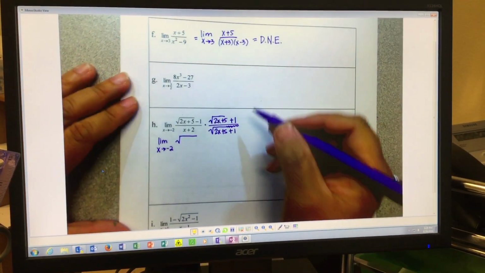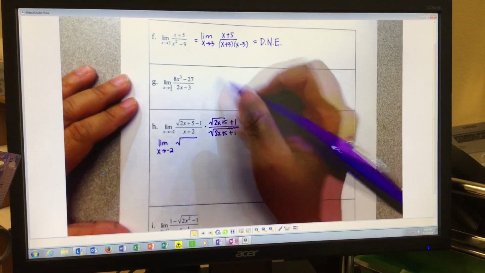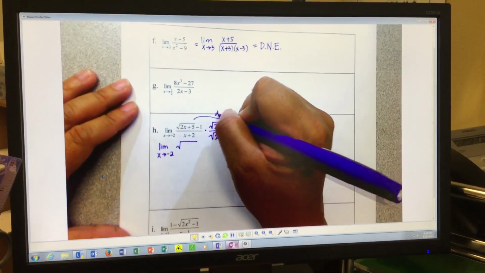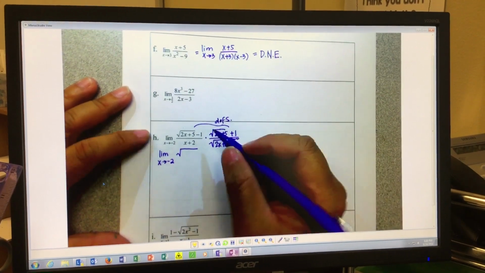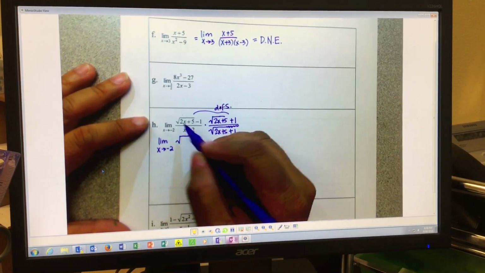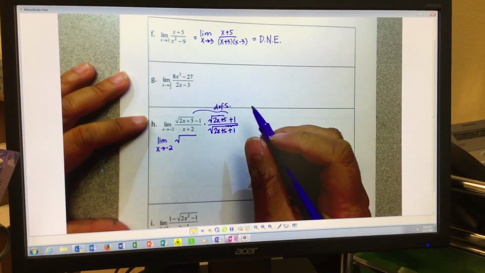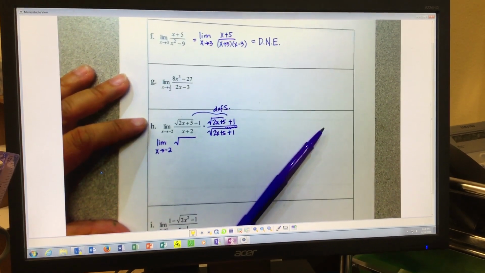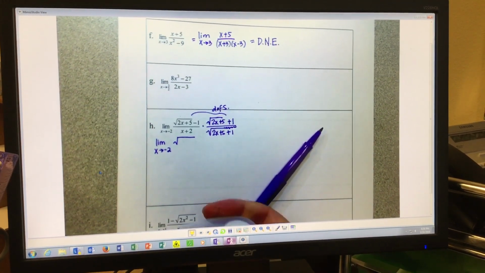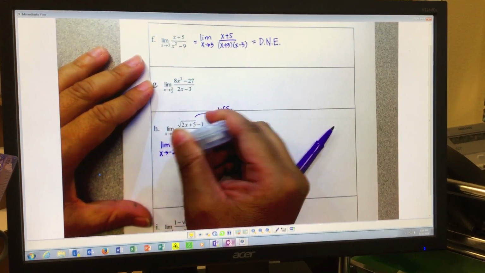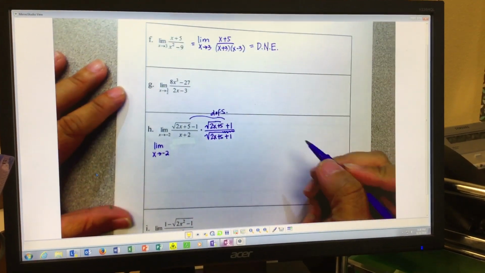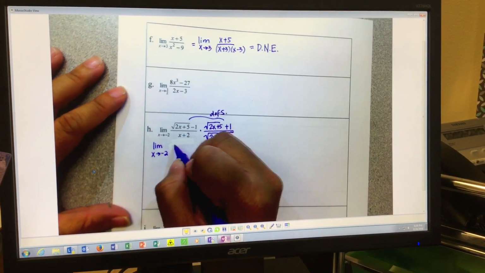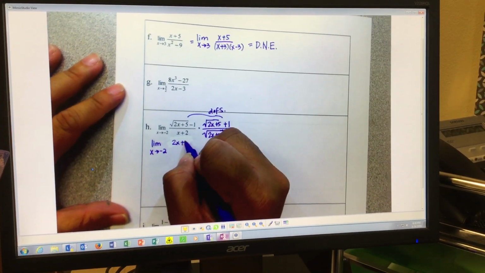Okay, so I'm going to FOIL the top, or in this case, this is a difference of squares. So if I do that, I'm going to square the first term, which ends up being 2x plus 5, right?